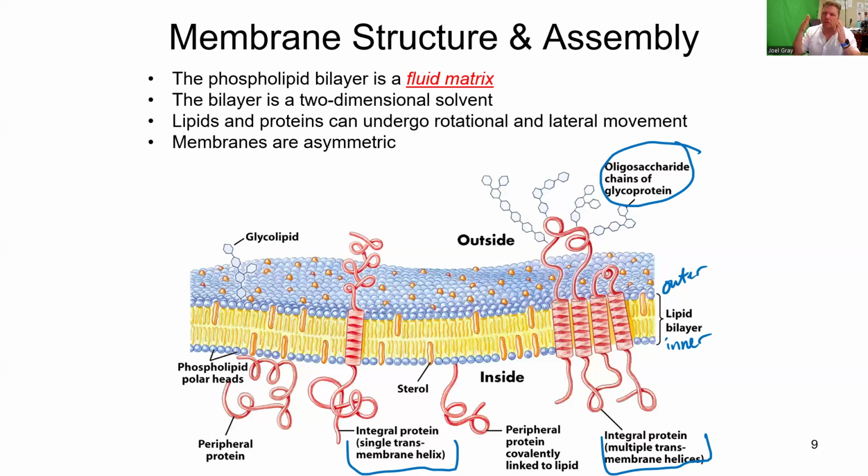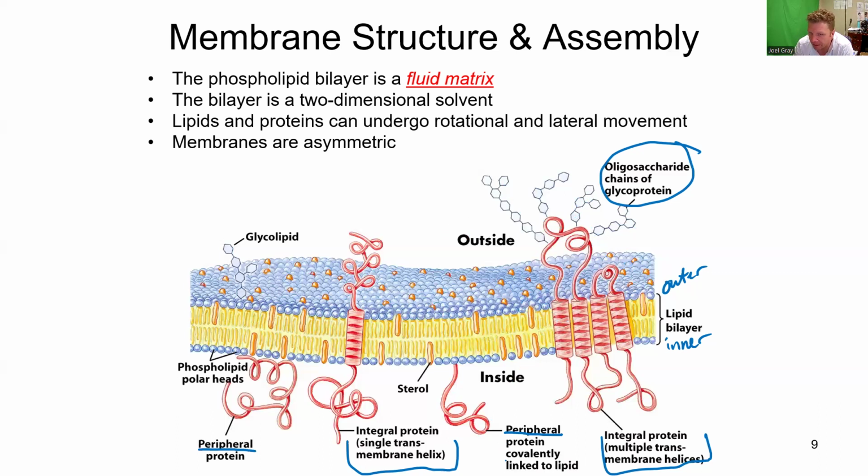They're a part of the membrane, but they're not inserted into it. These non-integral proteins are peripheral proteins. Peripheral proteins do not have any of their amino acid sequence in the membrane, so they are associated with the membrane in a different manner.